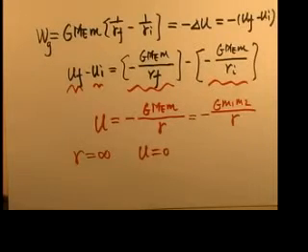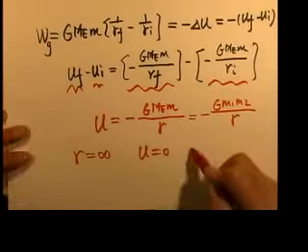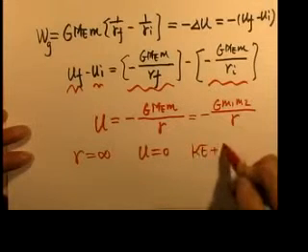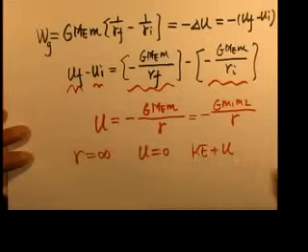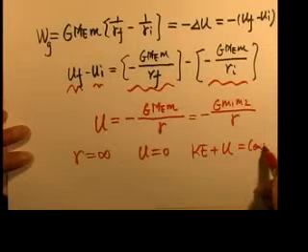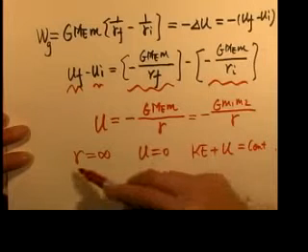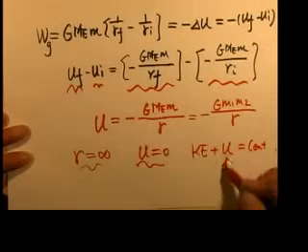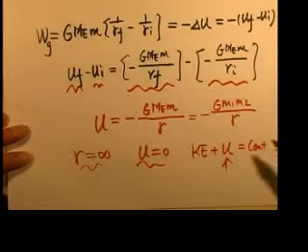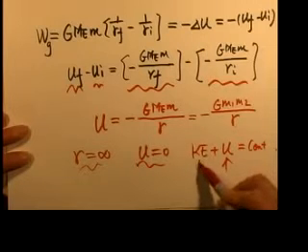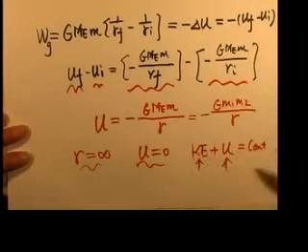Then the total mechanical energy is kinetic plus potential. It's a constant. Initially, when a particle is infinitely far away, U equals 0. And kinetic energy initially is also 0 because the particle does not move.